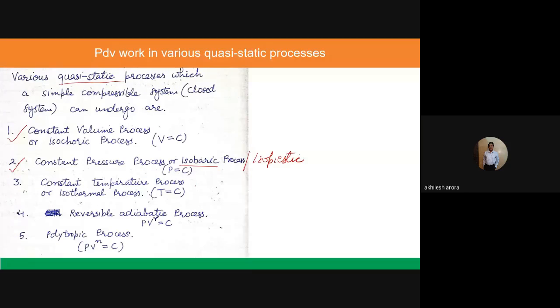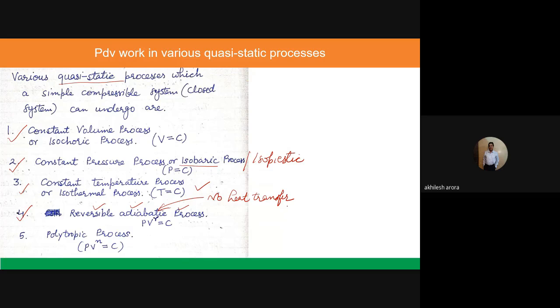The next one is the isothermal or constant temperature process. The fourth one is the reversible adiabatic process. And when we say adiabatic, it means there is no heat transfer from the system to the surroundings or from the surroundings to the system.